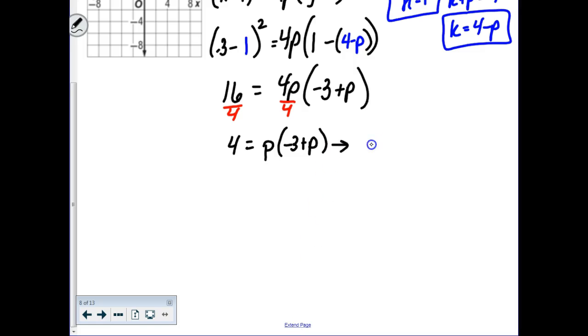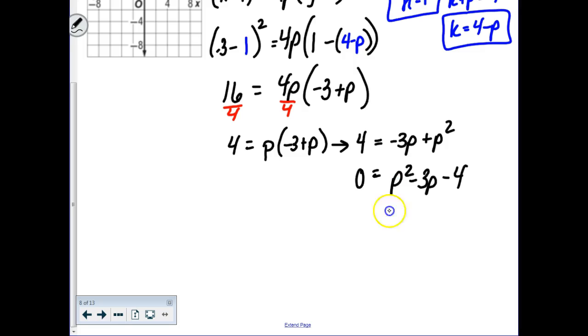You still need to rearrange that quadratic. But the good news is it's pretty easy to rearrange now. Just subtract the 4. All right, so factoring multiplies to -4, adds to -3. That would be (p minus 4) times (p plus 1).